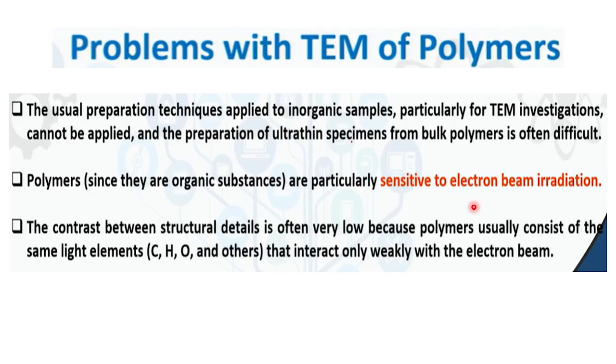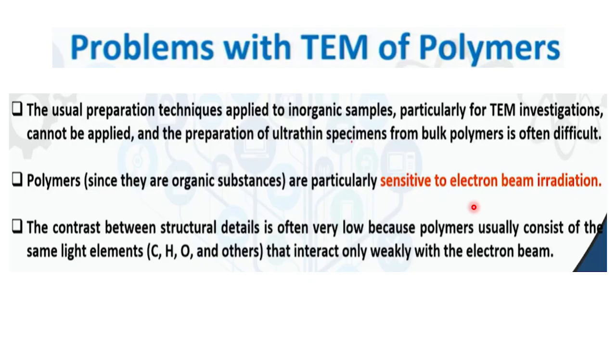Actually, from FSM you can also get data, the surface morphology and structure, etc. But for TEM, sometimes you may get what you want, but since these are very light elements, the interaction with the electron beam is a little bit weak.